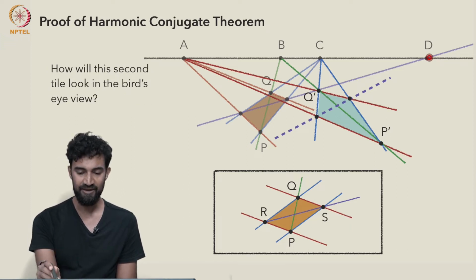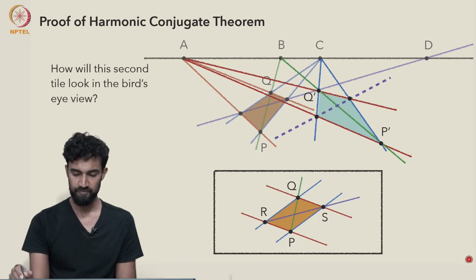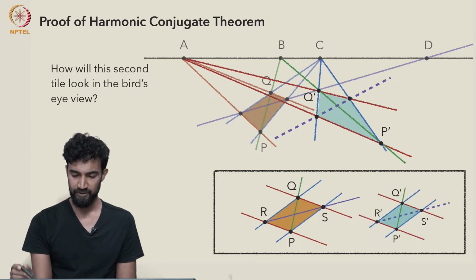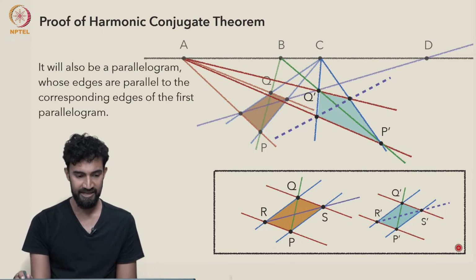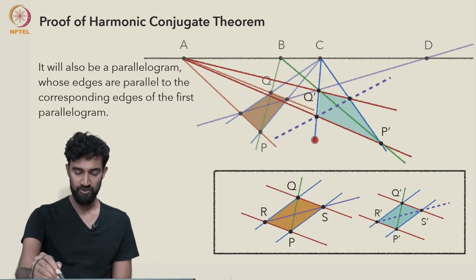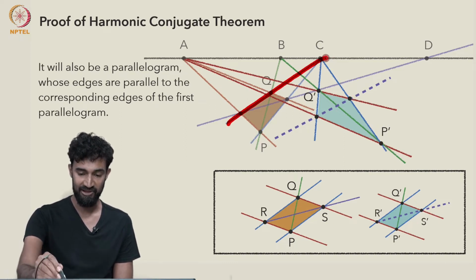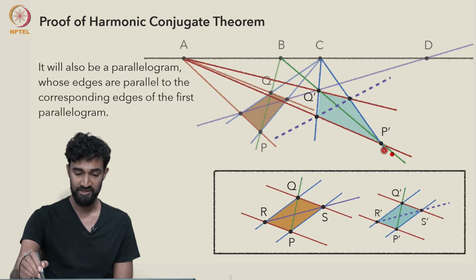So let's see how this second tile will look in the bird's eye view. Well, here it is. It's another parallelogram. Its vertices are Q prime, P prime, R prime and S prime. Its side edges are going to be parallel to the side edges of the first parallelogram because they share that vanishing point.